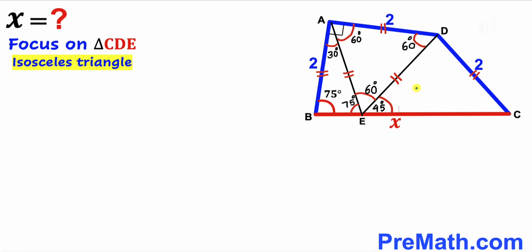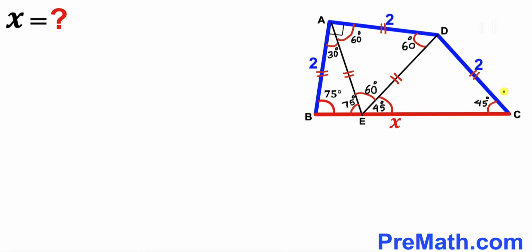We can see that triangle CDE is an isosceles triangle, since this side length equals this side length. So we conclude that this angle is congruent to this angle. Since this angle is 45 degrees, this angle has got to be 45 degrees as well. So this angle DCB turns out to be 45 degrees.